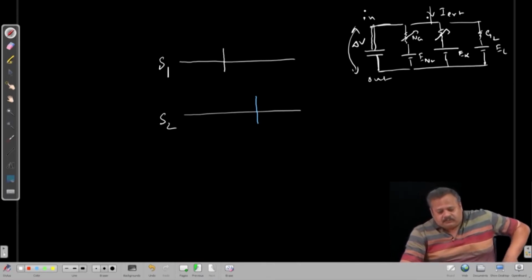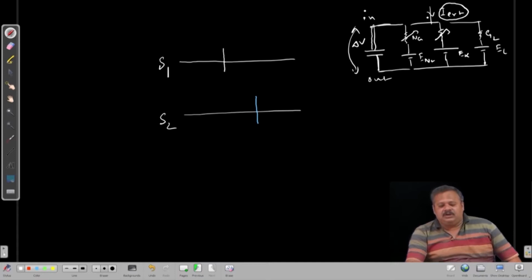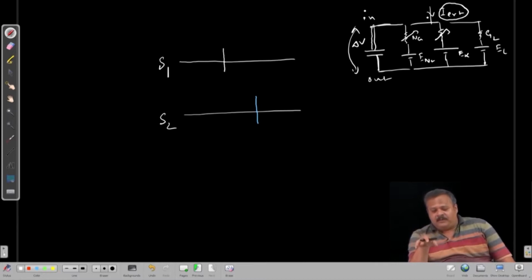Remember, this I external is actually the synaptic input that is coming into the soma after traveling through the dendrites, or if the synapse is on the soma itself, it is the output based on the synaptic currents.